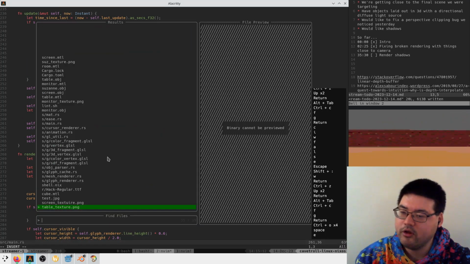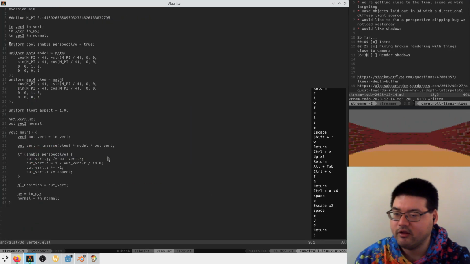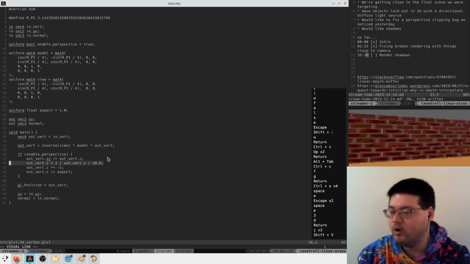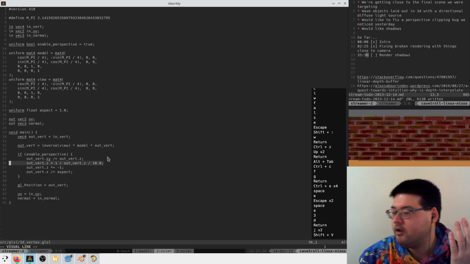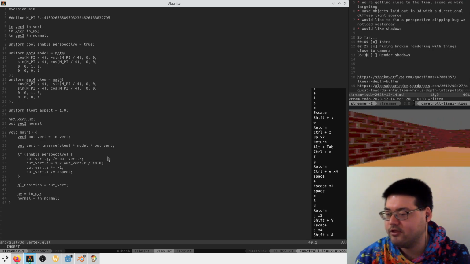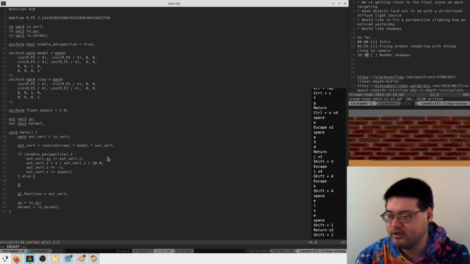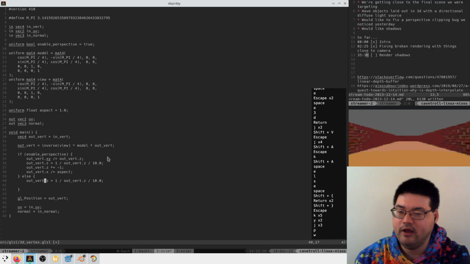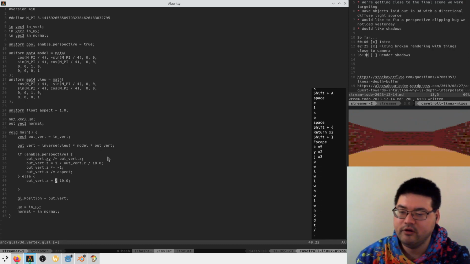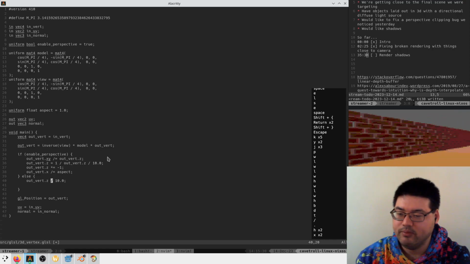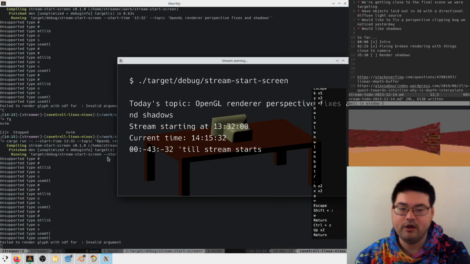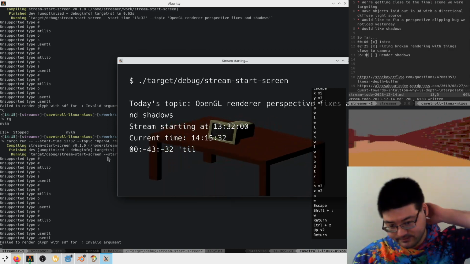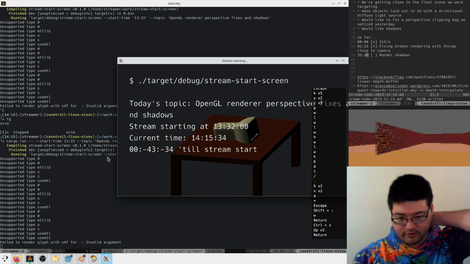But since we just went through all of that work to figure out that 1/z is linear in screen space, when we're in orthographic mode, I think that we don't have to do any of that crazy shit. So we can just say outvert.z divide equal by 10 or something so that we get stuff that's far away. There we go. Looking nice, looking nice. I'm pretty sure that's a correct orthographic thing.